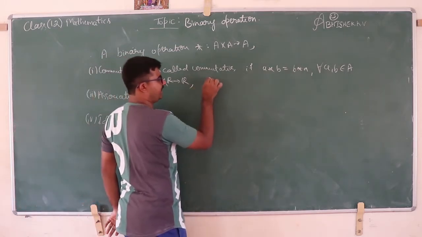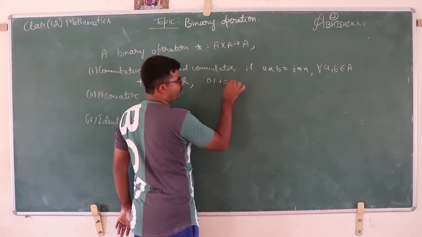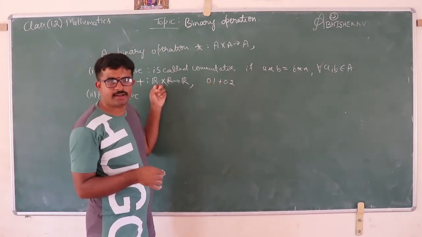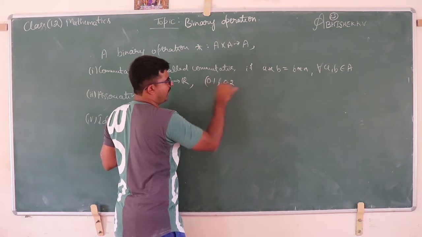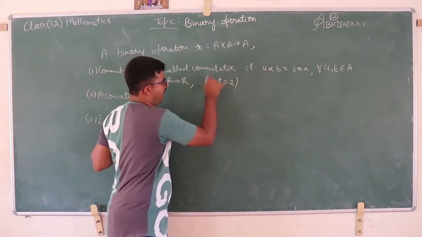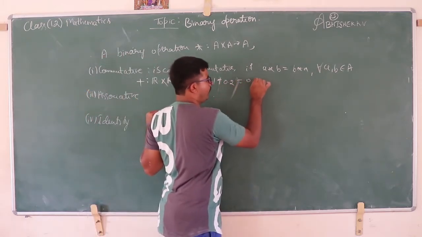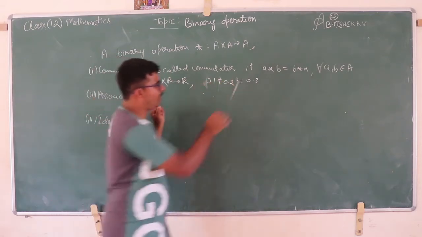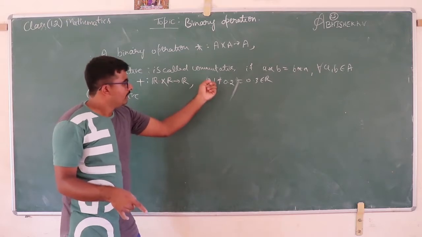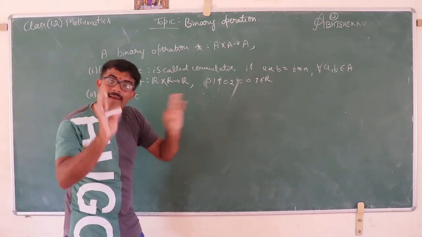If I consider any numbers, 0.1 plus 0.2, both 0.1 and 0.2 belong to the set of real numbers. What is the operation? Plus. If I substitute the operation plus, 0.1 plus 0.2 is equal to 0.3. Therefore, this belongs to the set of real numbers. For any two real numbers, the addition of those two is also a real number. Therefore, it is a binary operation.